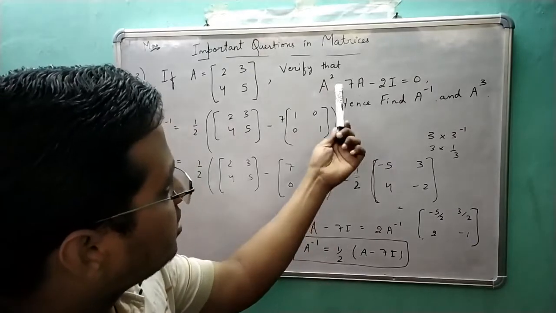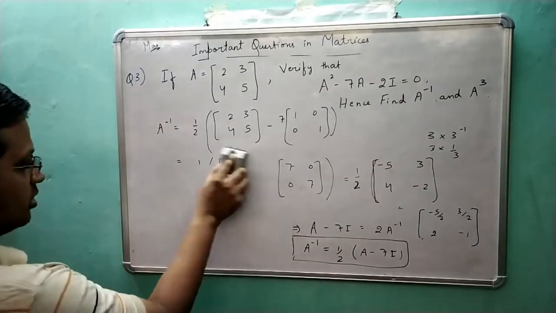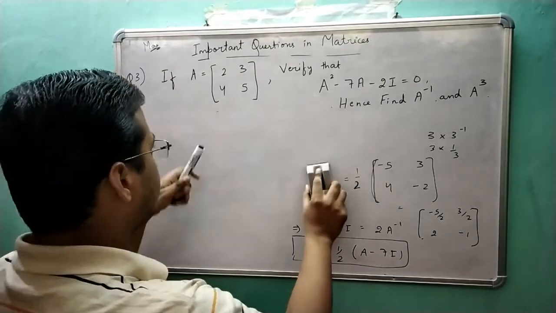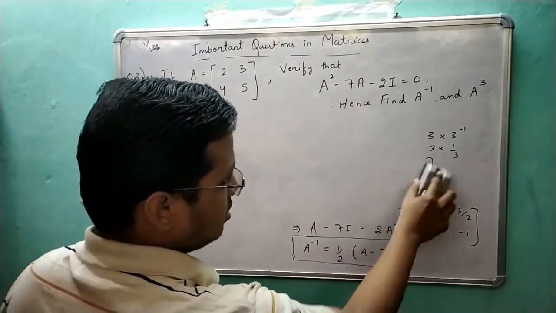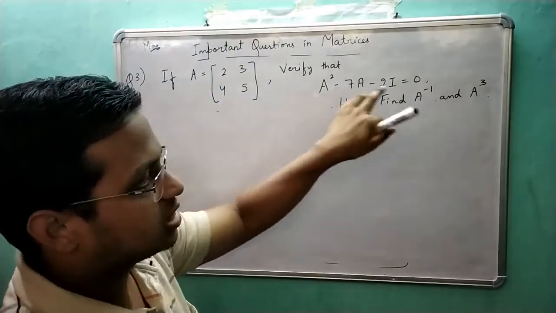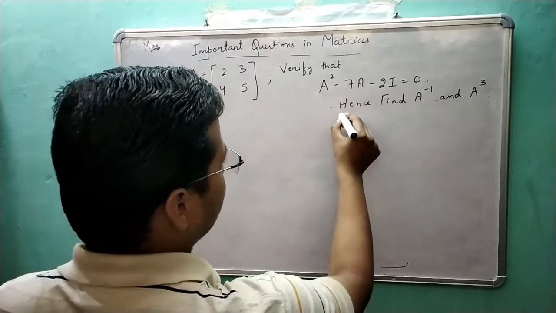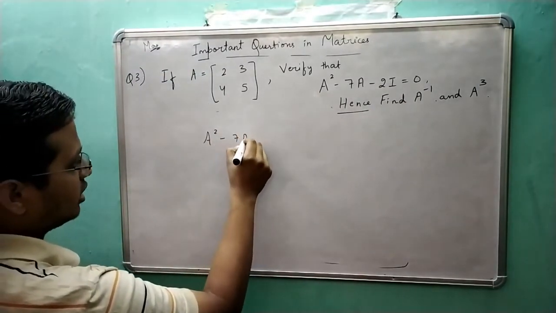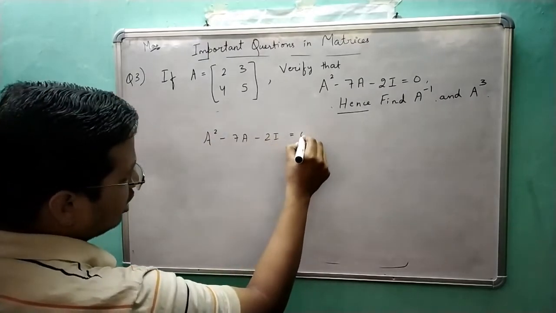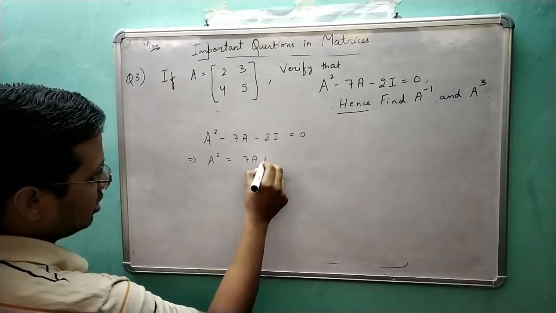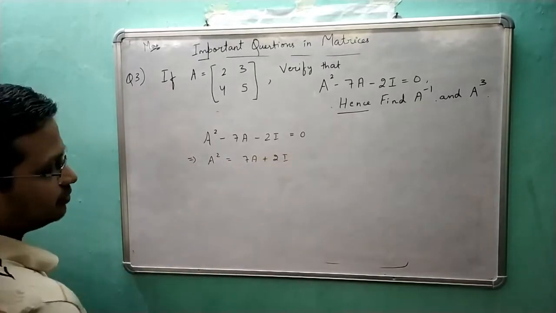Now using the same equation, let us find A cube. Be careful, we can find A cube easily by multiplying A 3 times, but don't do that. You have to use this equation and find A cube because of this word "hence". So A square minus 7A minus 2I equals 0. So A square will be 7A plus 2I.